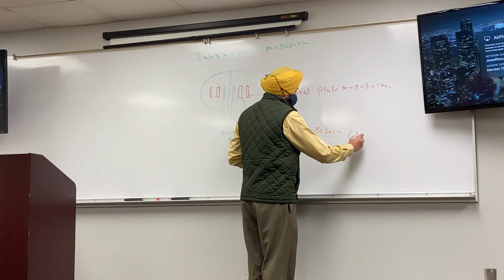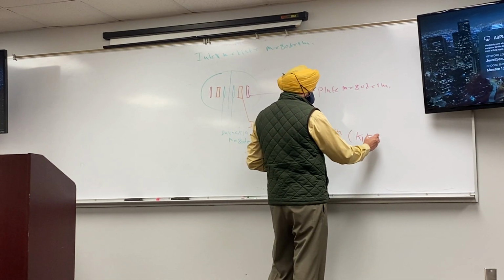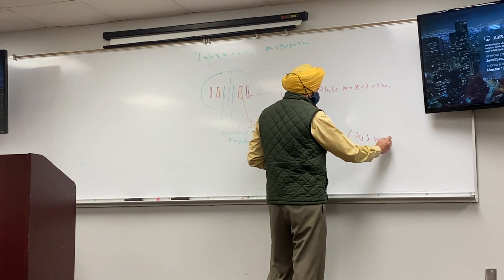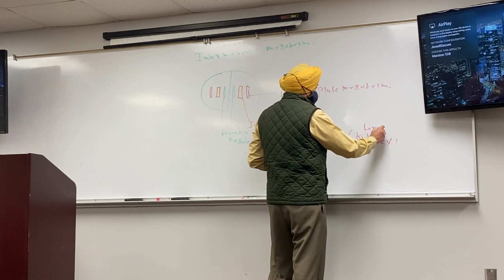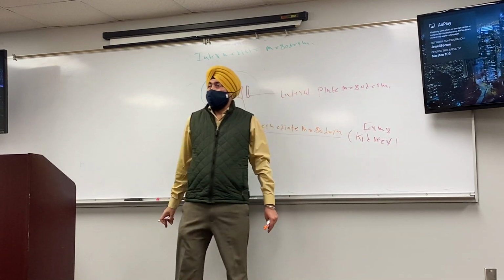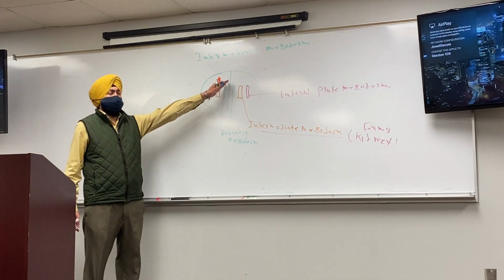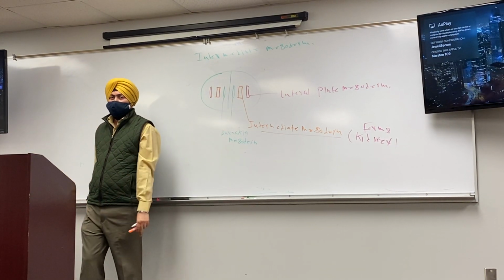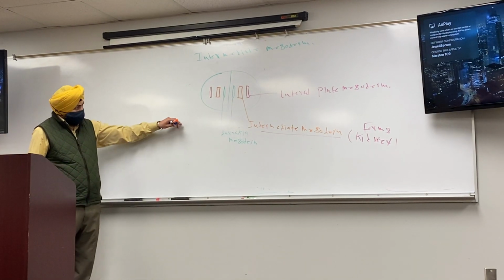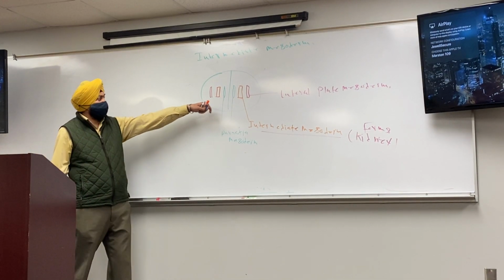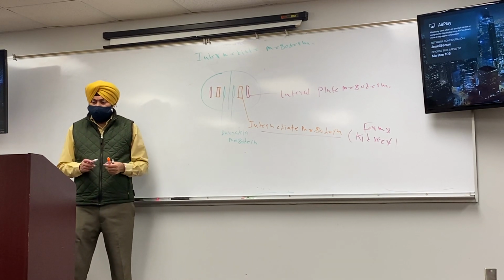So kidney will come from intermediate mesoderm. Normally, again, you have your neural tube, everything, I'm not drawing that. So kidney is coming from the intermediate mesoderm.